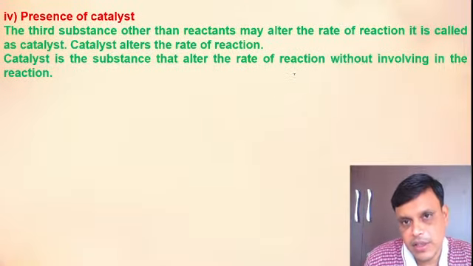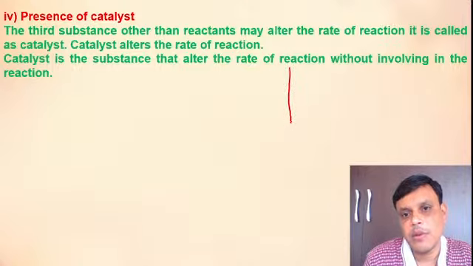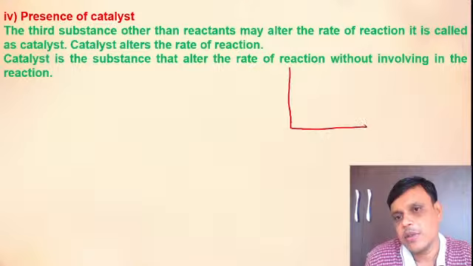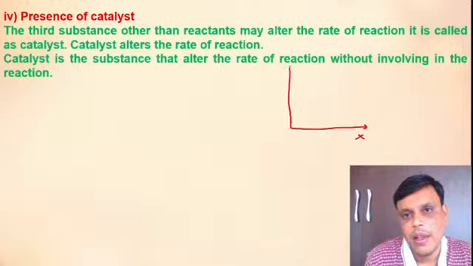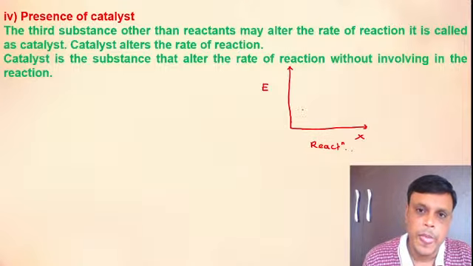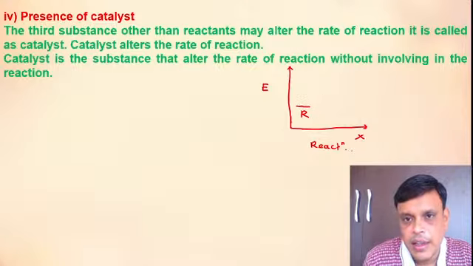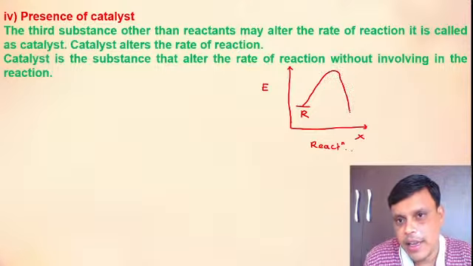You know that I have discussed this diagram in the first lecture also. This is your y-axis and this is your x-axis. On the y-axis energy is there, on the x-axis reaction coordinates are there. These are your reactants initially, and they form an activated complex, and again they form a product.